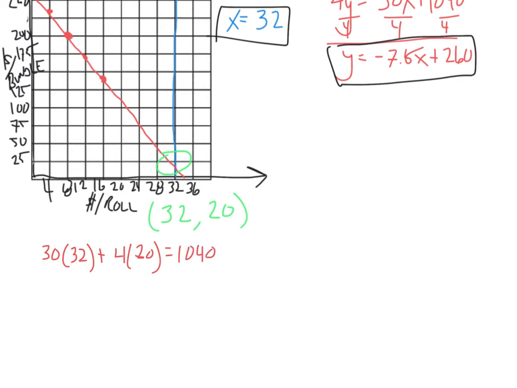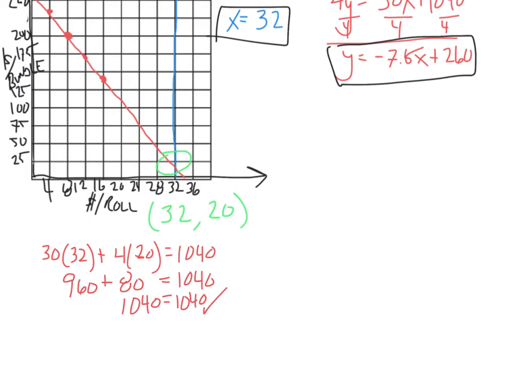And if I do this out, I would get 960 plus 80. Does that equal 1,040? And it does. So it works for the first one.